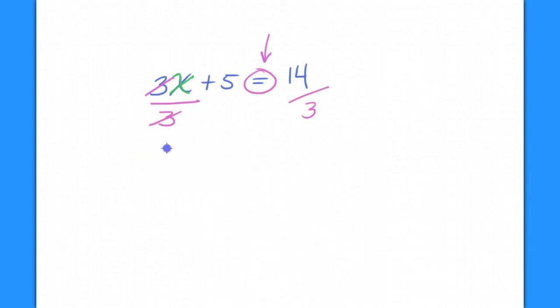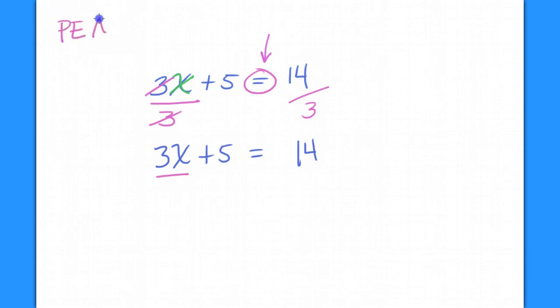So what's going to happen here is we have 3x positive 5 is equal to 14. So we want to write down all our steps, because it makes sure that we follow each of the steps that we need to follow. And whenever we do anything in algebra, we're going to make sure that we follow an order of operations. That's going to be PEMDAS: parentheses, exponents, multiplication, division, addition, subtraction.